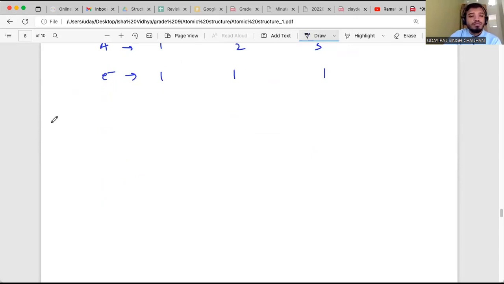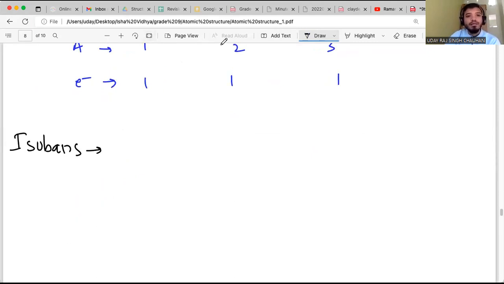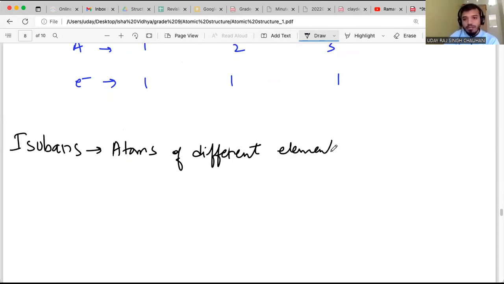Remember, isobars are atoms of different elements, whereas isotopes are atoms of the same element.